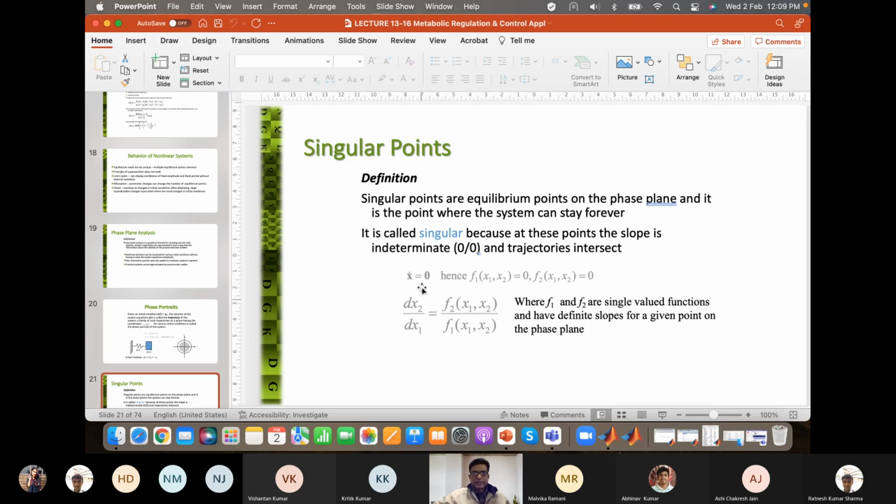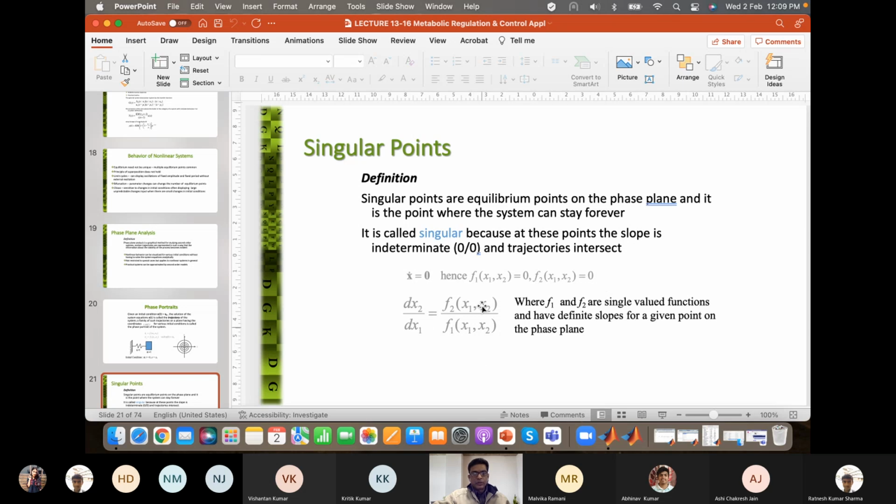So as you can see here, if x dot is equal to 0, then from the previous slide, where we had these equations, you get f1(x1, x2) equal to 0, as well as f2(x1, x2) equal to 0.